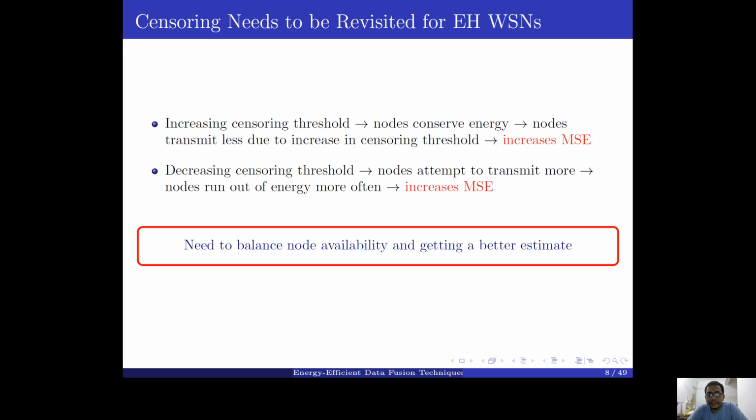Thus, unlike the case observed for conventional wireless sensor networks, where there was a monotonic trade-off between censoring threshold and the mean squared error, in energy harvesting wireless sensor networks, we need to balance node availability and also the estimation quality. Thus, the trade-offs are fundamentally different, and hence censoring needs to be revisited for energy harvesting wireless sensor networks.